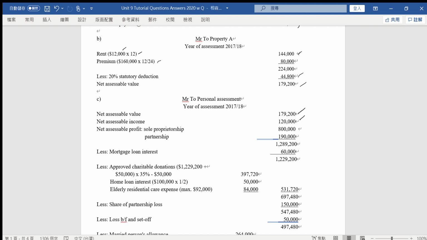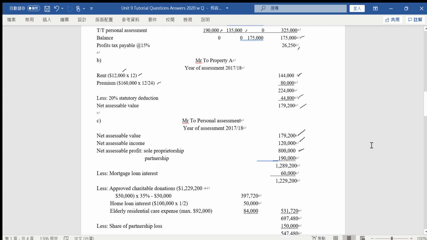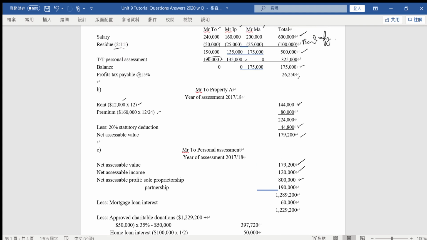Then the third one will be from his business. The first one is related to the sole proprietorship, and that will be the amount 800,000. Another one will be from part A, and that will be 190,000.